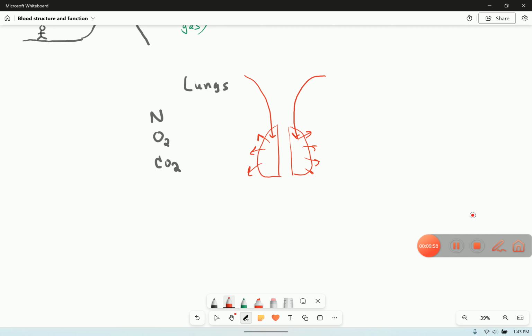pressure, pleural pressure, and chest wall pressure. So Dalton's law with the partial pressure of gases is going to help the lungs expand.